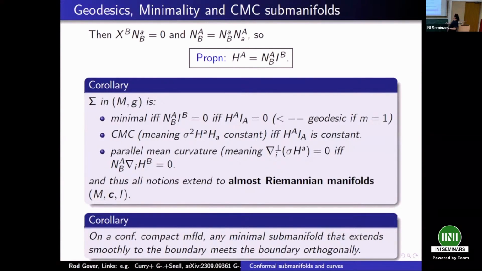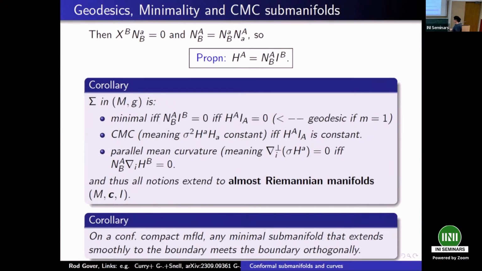Now, when you're looking at it like this, you think that this is just another formula, right? So what do you get out of it? But look at what that's saying. That's saying that the submanifold, for instance, is minimal exactly if the scale tractor is orthogonal to this normal tractor projector. In other words, it's minimal if the scale tractor is a tangent tractor to your submanifold, which is a very nice geometric condition.